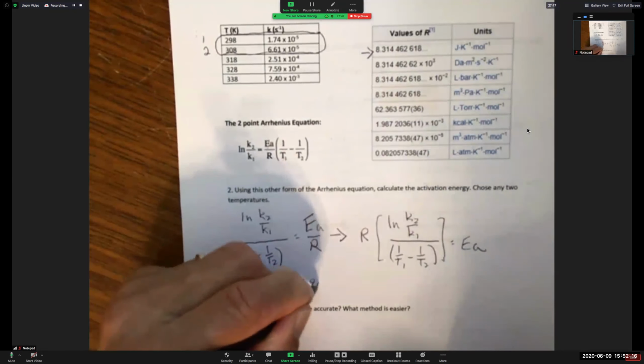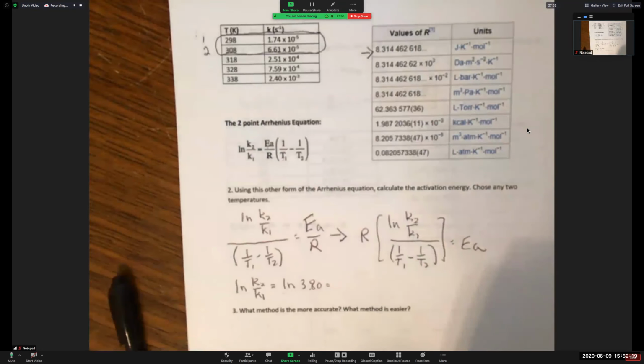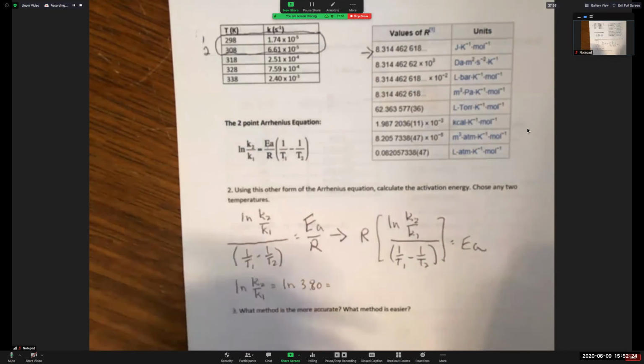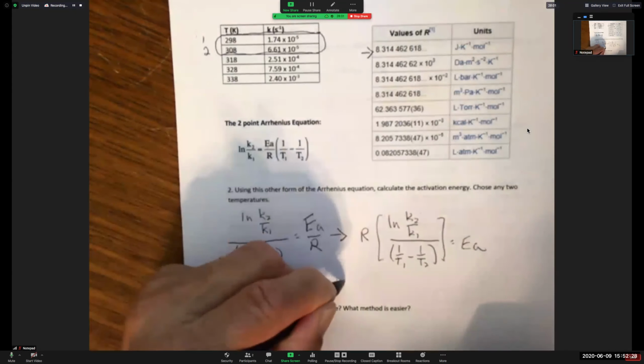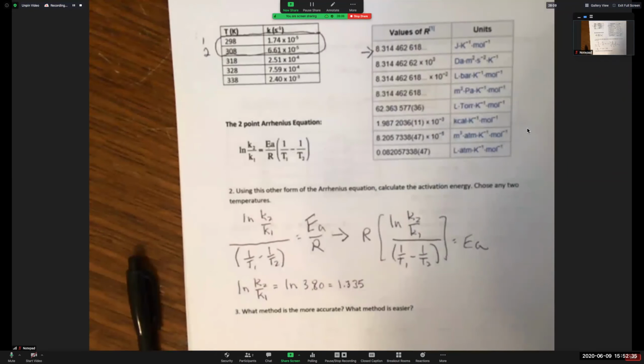So the natural log of 3.80 is 1.335. I'm going to take that value and divide it by temperature 1, which is 298, and I'll inverse that, minus temperature 2, which is 308, and I'll inverse that, with my parentheses.